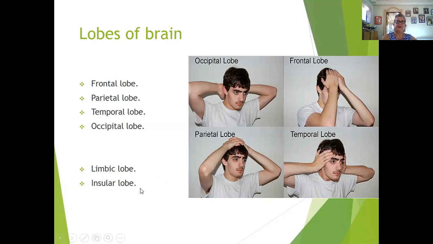But as far as Snell is concerned, the insular lobe is a lobe which has a specific function, but is not included in the lobes that make up the cerebral hemisphere.